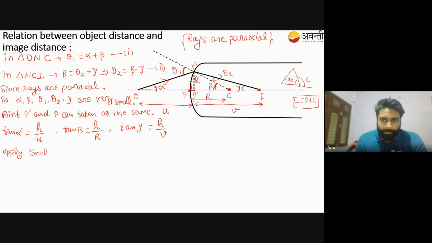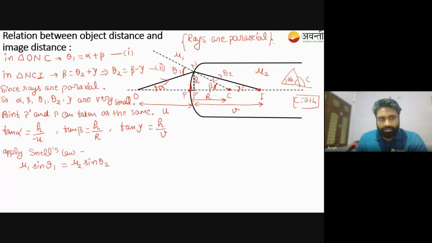Now apply Snell's law at the boundary. The refractive index of the outer medium I would consider as mu1, and the refractive index of this material, this glass, would be considered as mu2. So what is Snell's law? mu1 sine theta 1 equals mu2 sine theta 2, where theta 1 is the angle of incidence and theta 2 is the angle of refraction.